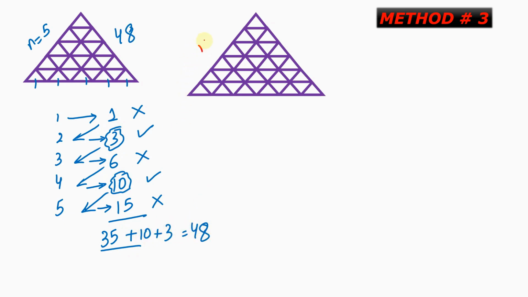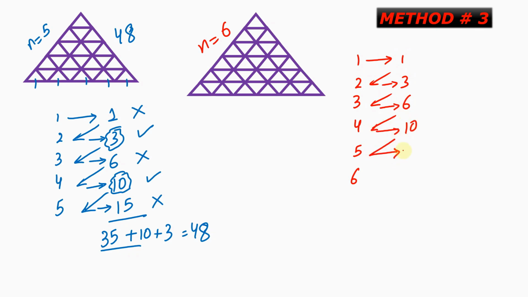And similarly, when n equals 6, simply write down 1, 2, 3, 4, 5, 6. This 1 plus 2 is 3. This will be 6. This will be 10. This will be 15. And this will be 21. You add all these numbers, we get 56.